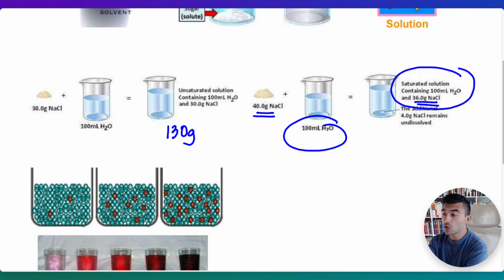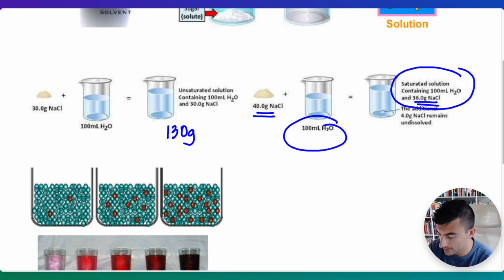In this example, you would see some sitting on the bottom, but that is not always the case, and that is not the way to test whether a solution is saturated or not, because you might not see anything on the bottom and it still be saturated. What if we dissolved 36 grams exactly of sodium chloride in this beaker? We would have hit the saturation for that amount of water, but we wouldn't see any on the bottom.